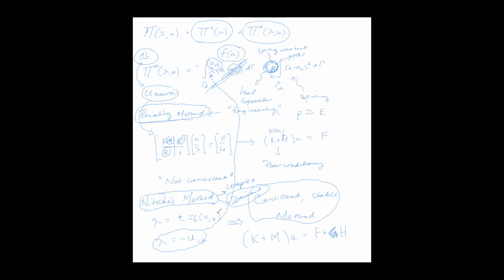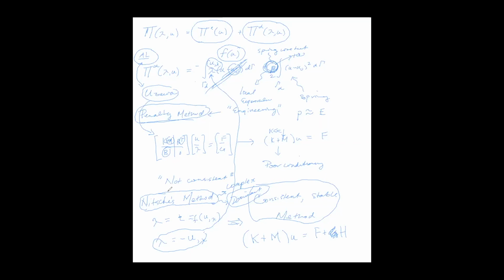Nitsche's, I would say, you'd be hard pressed to understand what this term would look like for a constraint that is not simply a displacement, like a spring kind of constraint. So Nitsche is appropriate if you're really trying to come up with a clever way to remove the need to enforce the standard Dirichlet boundary conditions. It's a good approach.